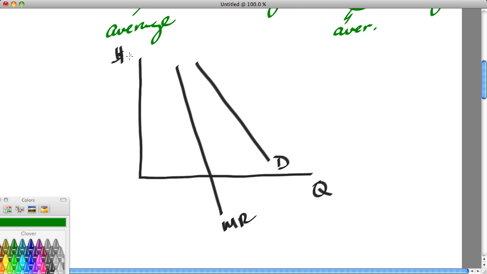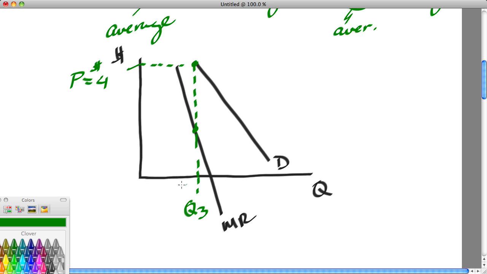Okay? Now, let's pick an output rate. Let me say that we are right here. Say that this is Q3. So here's my point on the demand curve, and here's my point on the marginal revenue curve. And let's use the data we've been using. Let's say this is a price of 4. So what does the price tell us?